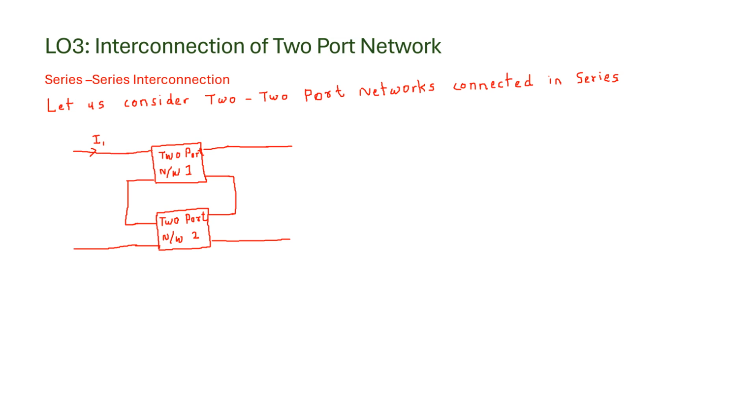This current comes out of this here, and same current flows here, so this is also I1. And let this be the I2 current, and the same flows through this and comes over here, and this is also I2, so they are connected in series. Now let the voltage at this series connection be V1, and at this, let it be V2.